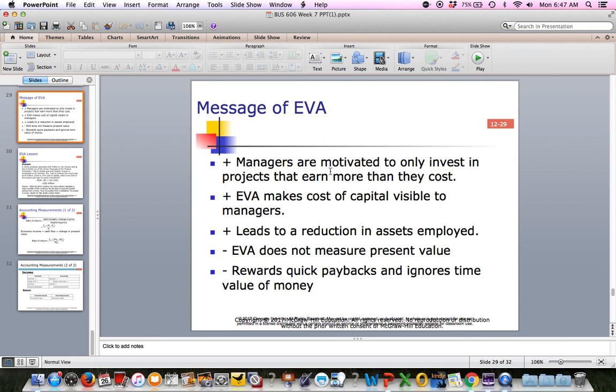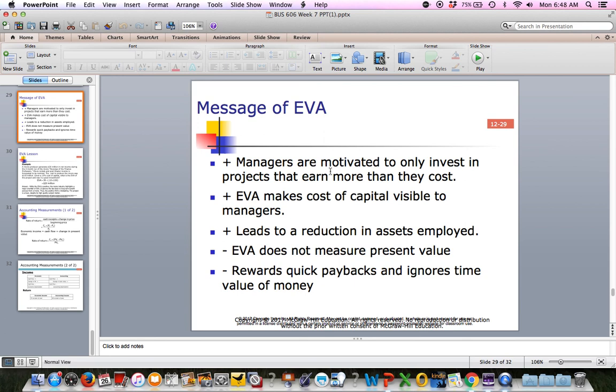How do you identify the opportunities to do so, and how do you measure if we really did that? Essentially, how do I make decisions to make the company worth more? EVA is a measurement of that.